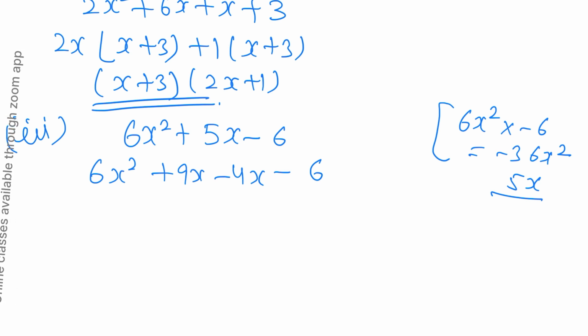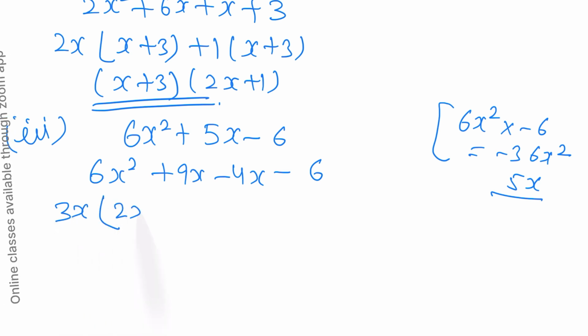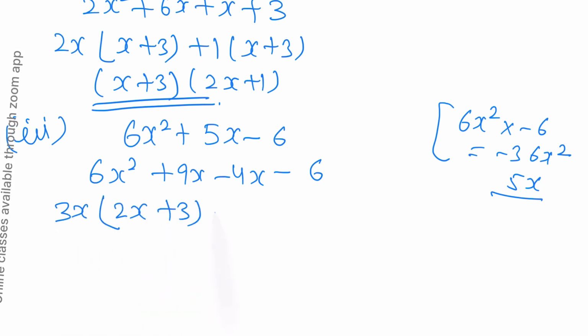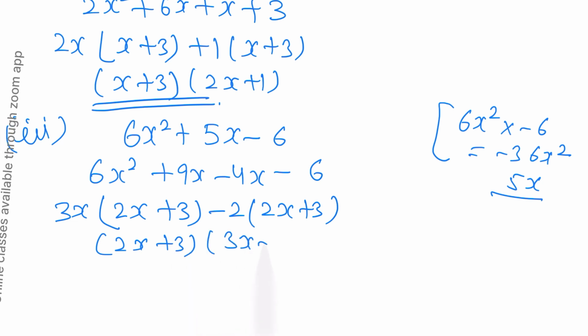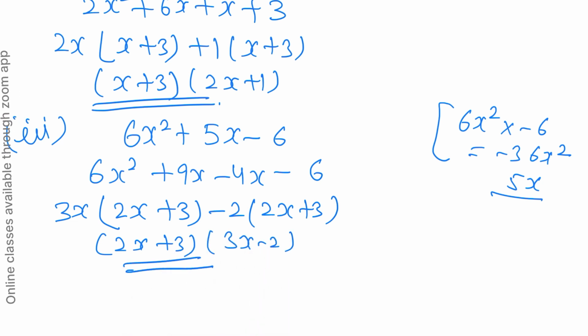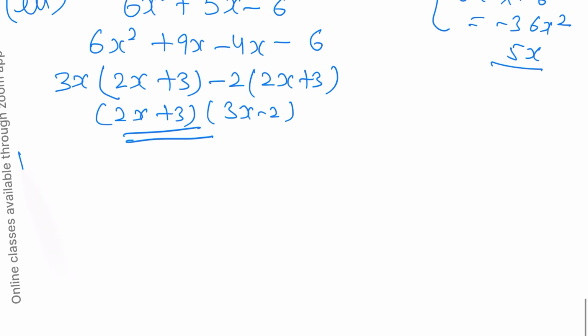Now taking common from the first two, 3x is the common factor, remaining with 2x plus 3. Minus 2 is common, remaining with 2x plus 3. Throughout, 2x plus 3 is common, and remains with 3x minus 2. So these are the two factors of this given polynomial.